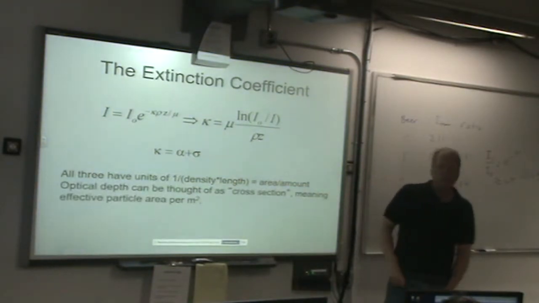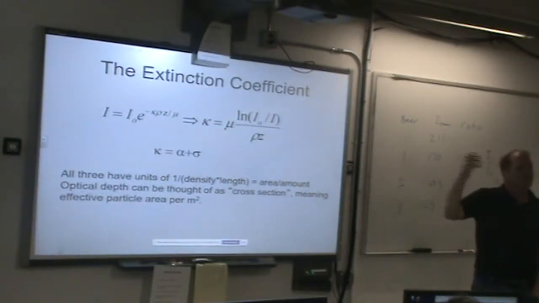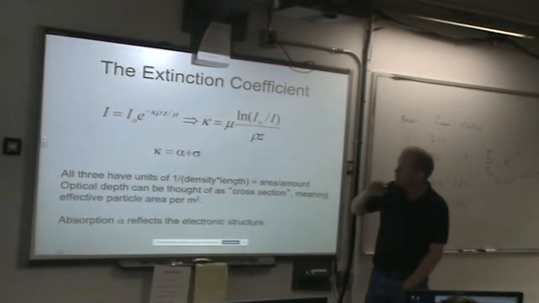Okay? So if you're able to talk with people and say, oh yeah, the cross-section of this is so much, they're talking about the area per molecule, the equivalent area per molecule, or the equivalent area per kilogram of stuff that you throw in there. Okay? It's going to change with wavelength, but it's like a cross-sectional area.